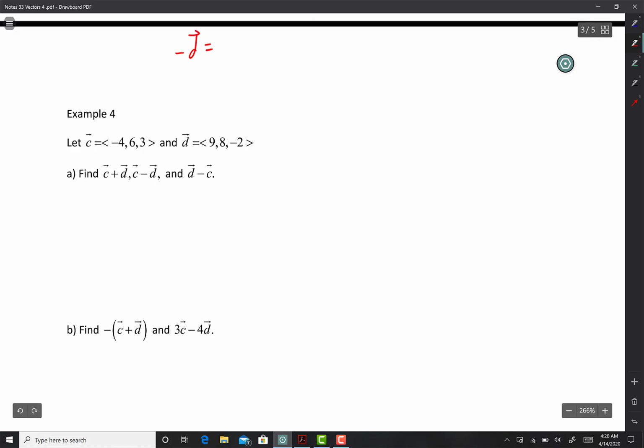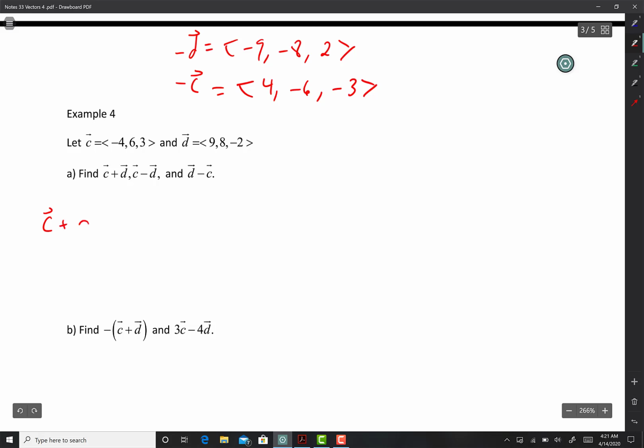So -D is just the opposite of this: -9, comma, -8, comma, 2. And -C is just the opposite of vector C: 4, -6, -3.